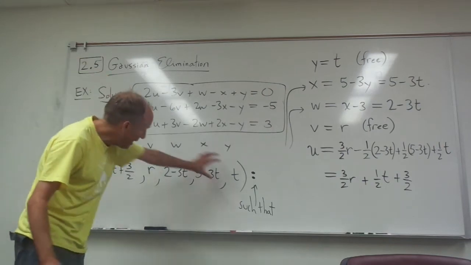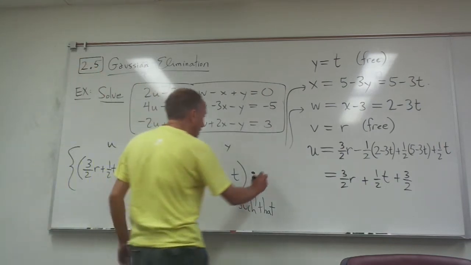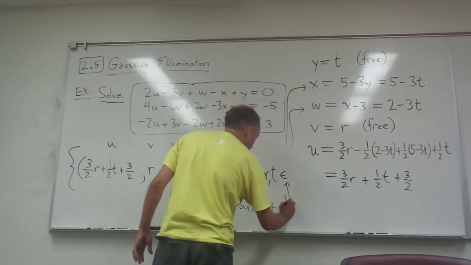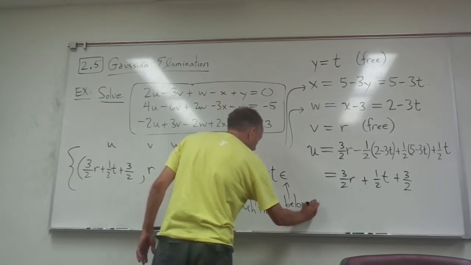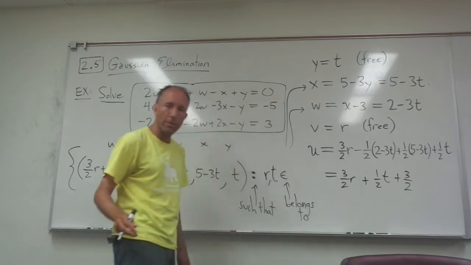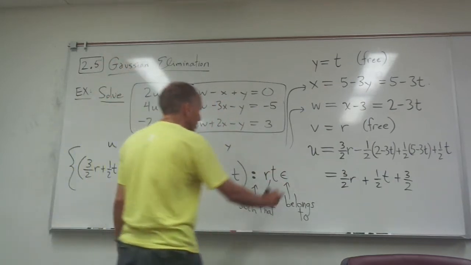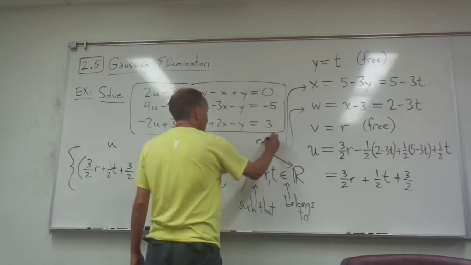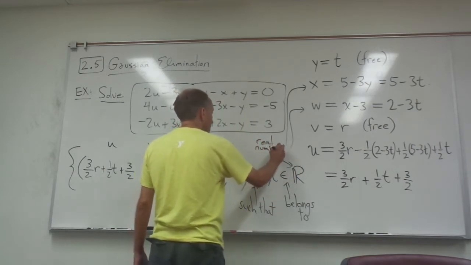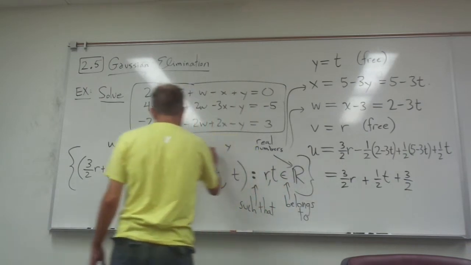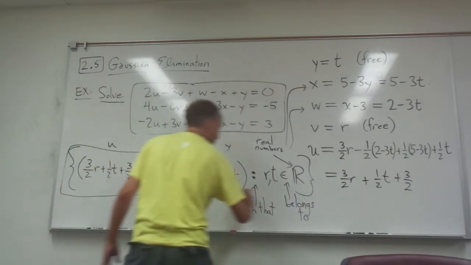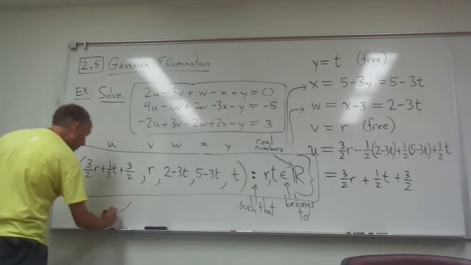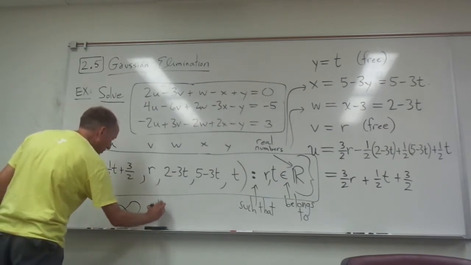So it's that set of 5-tuples such that r and t belong to, this little lowercase e means belongs to, and then here we have the real numbers. This boldface R is the real numbers. Okay, and then we end our braces like that. So this would be your answer. There's infinitely many solutions to this system.